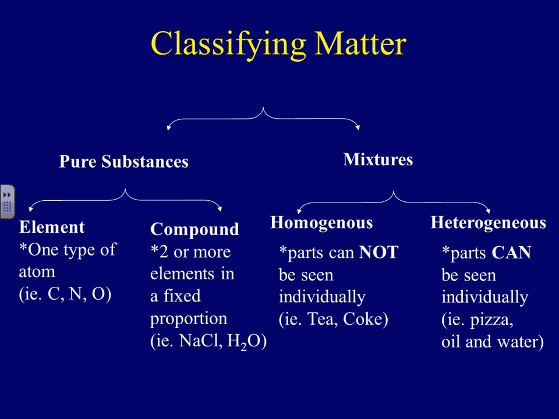In heterogeneous, you can see the individual parts. Look at here, pizza. That's a grade 9 and 10 way to talk about heterogeneous mixture. On pizza, you can see the mushrooms and you can see the cheese. In chemistry, we don't do a lot of experiments on pizza. So it is a good example, but it's silly.